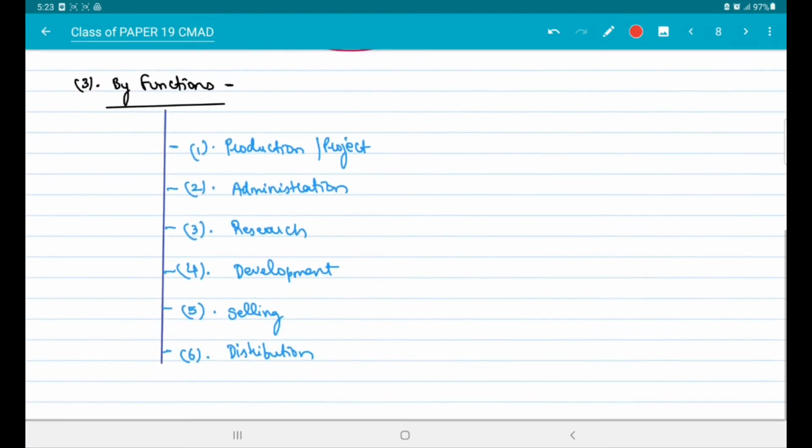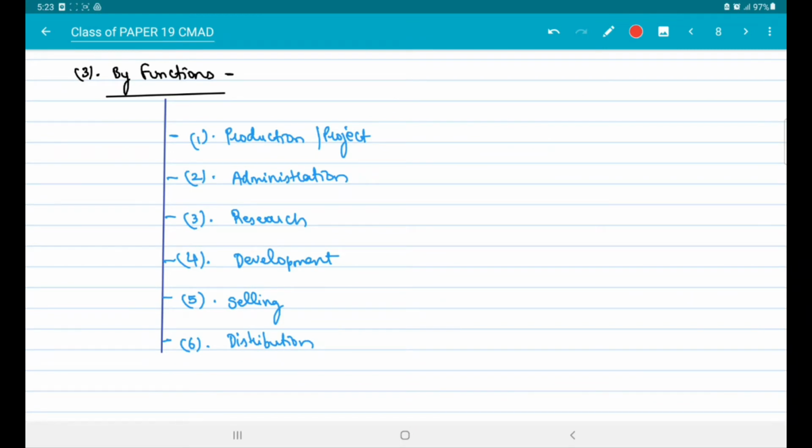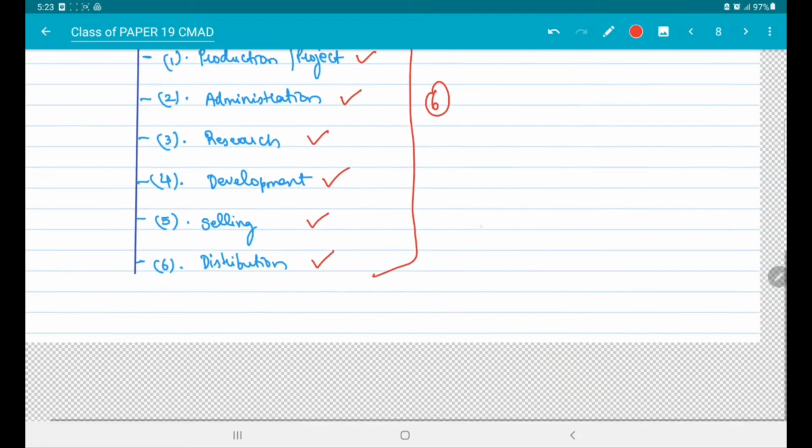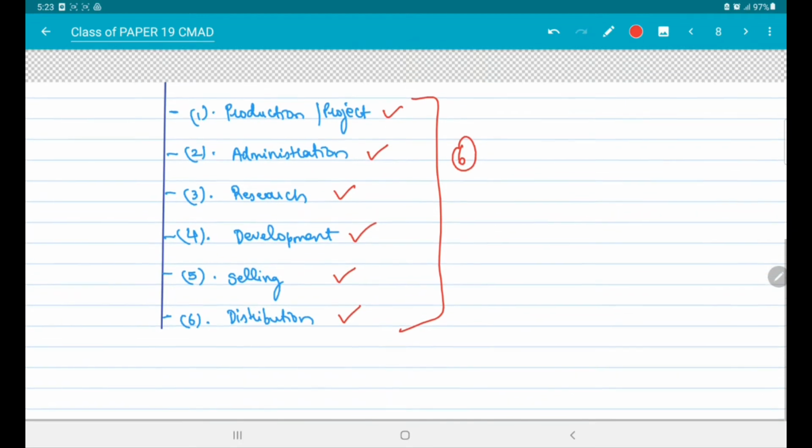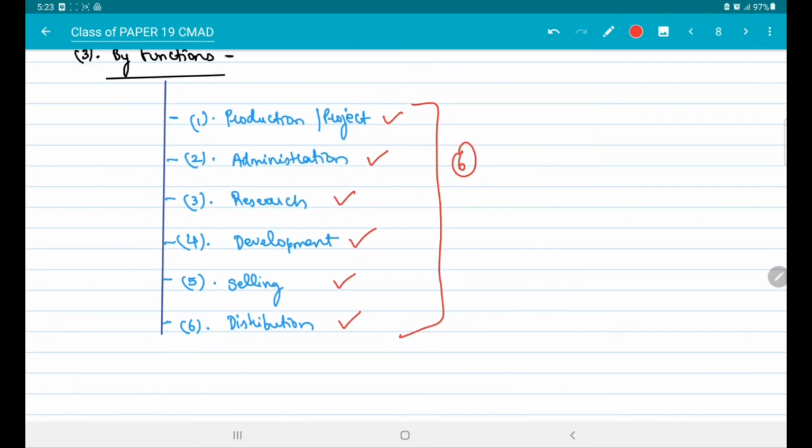Moving forward, by functions, there are 6 classifications. One is production or project, administration, research, development, selling, distribution. So totally 6. Here you should note a few points.